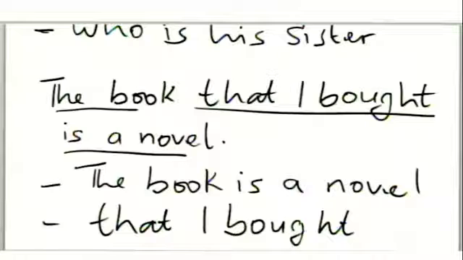You may be asking why that I bought is a clause. You remember we said the clause has a subject and a predicate, right? That represents the book. You should always have that in mind. So the book I bought, it makes a complete thought. Okay? The book I bought. And then the book is a novel. It has a subject and then it has a predicate.